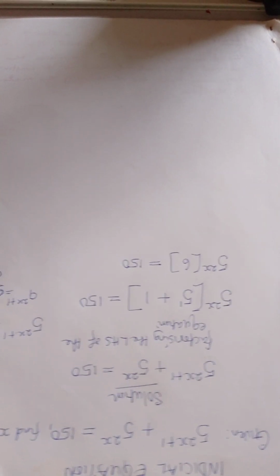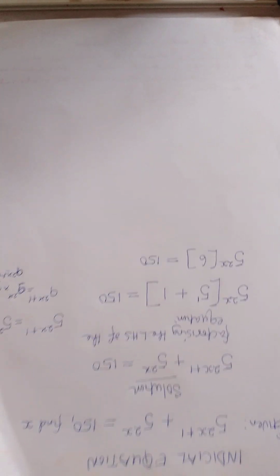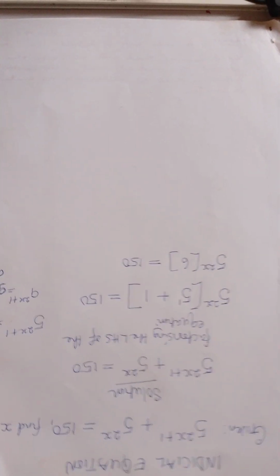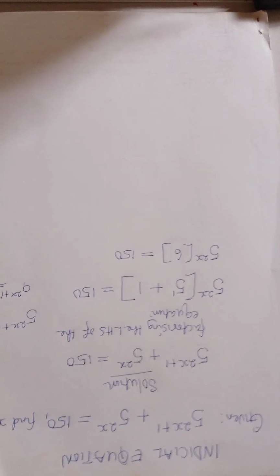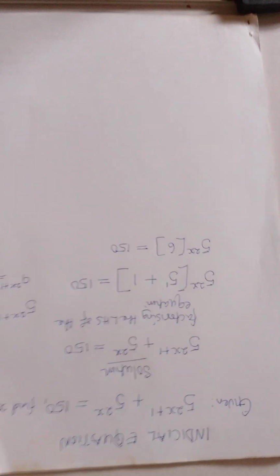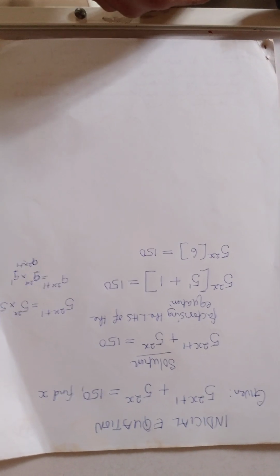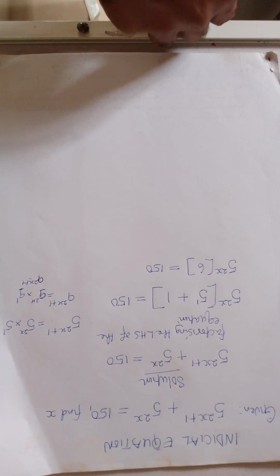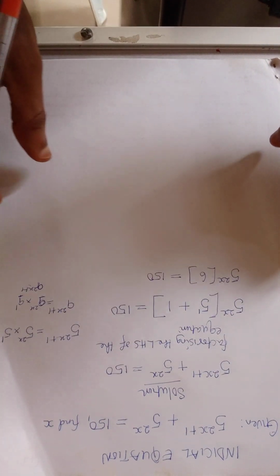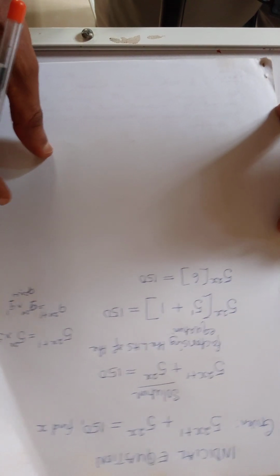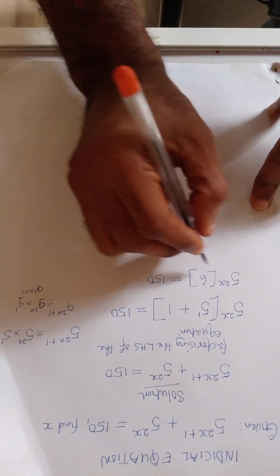Since we are looking for x, first we have to divide both sides of the equation by 6, so that at least at first instance 5 raised to power 2x will stand alone, and then from there we can see what we can do to find the value of x.